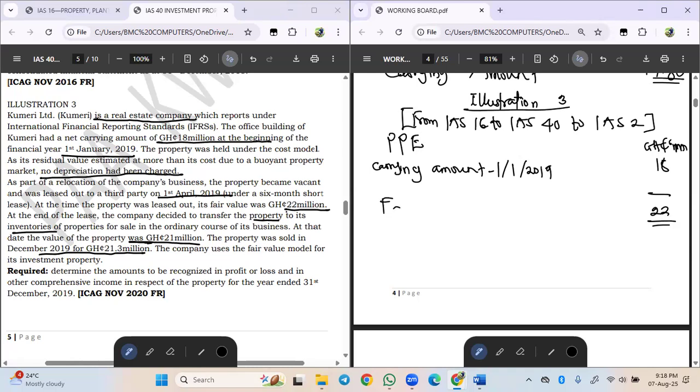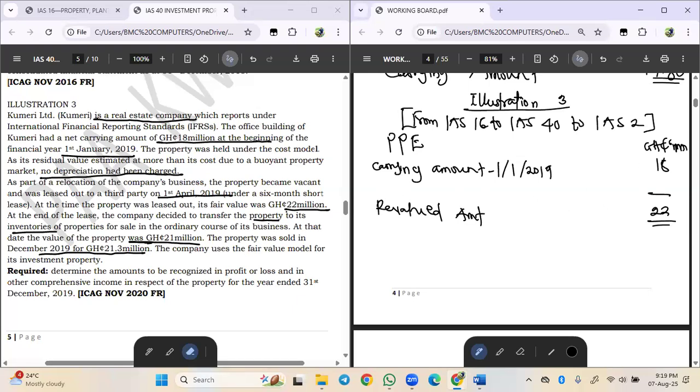So this one you can call the revaluation amount, because we are treating it as PPE. Let me write revalued amount. Then we just find the difference.